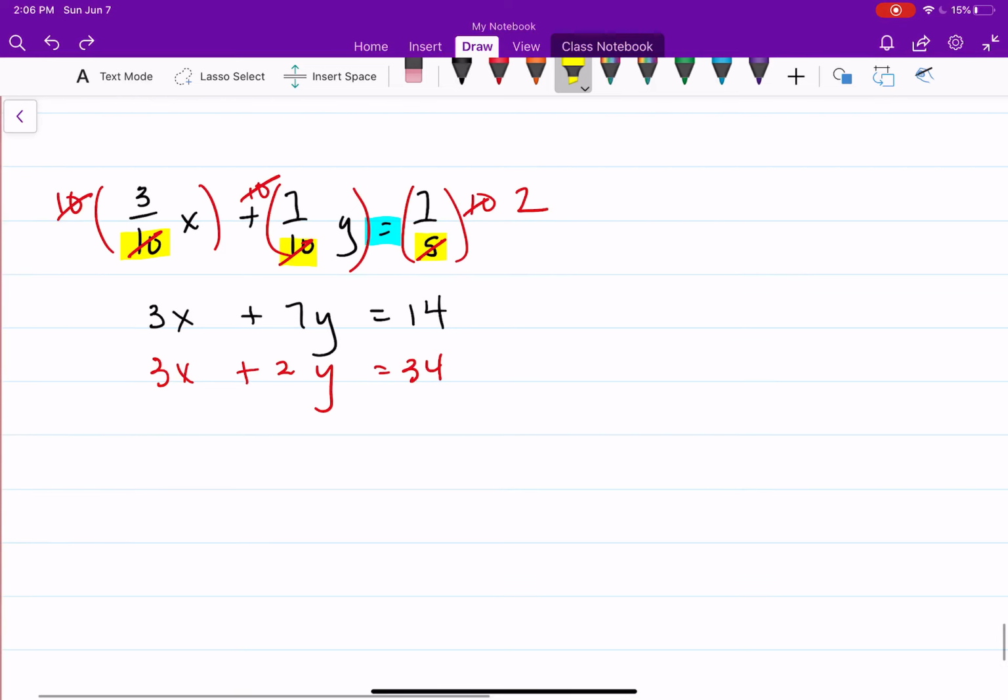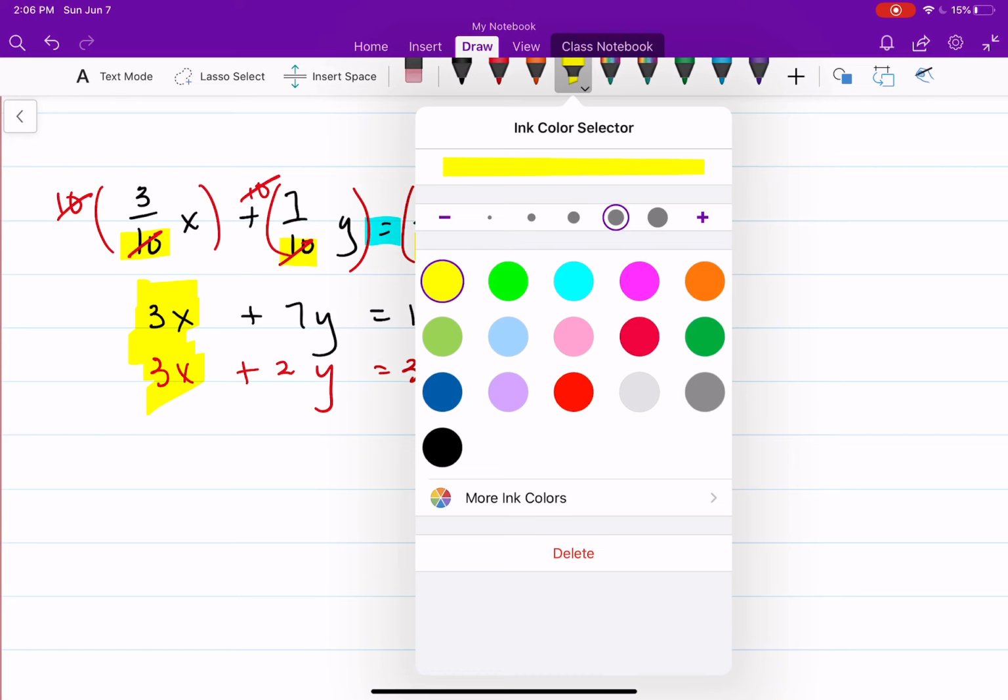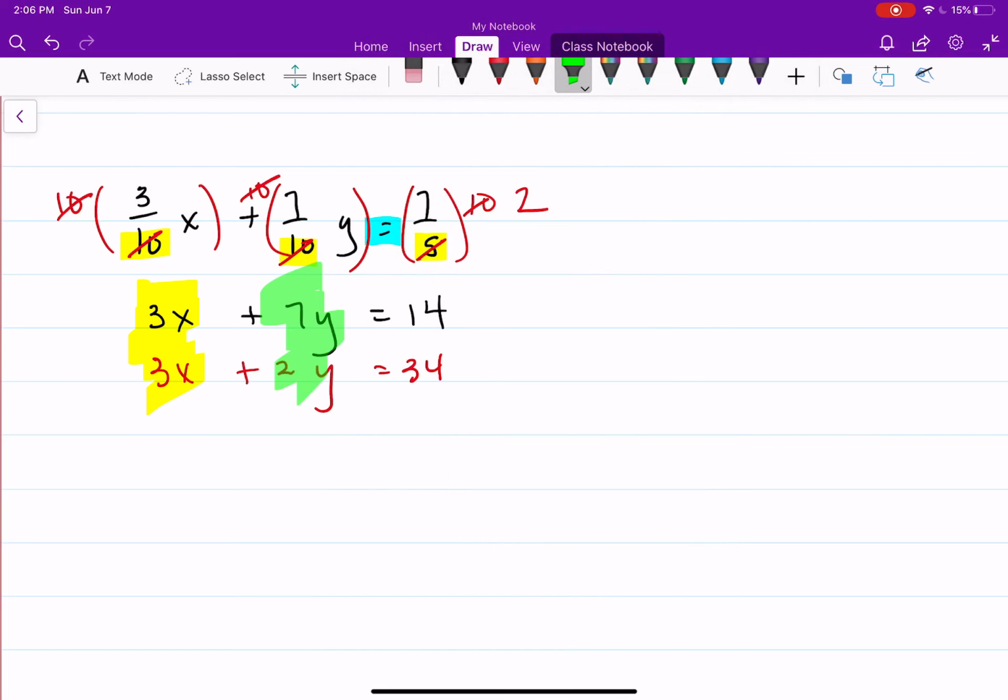All right, so I'd rather do elimination. It's less thought. The way I do elimination is you think about which variable you want to get rid of. Do you want to get rid of x, or do you want to get rid of y? It's your choice. For me, I'd rather get rid of the x.